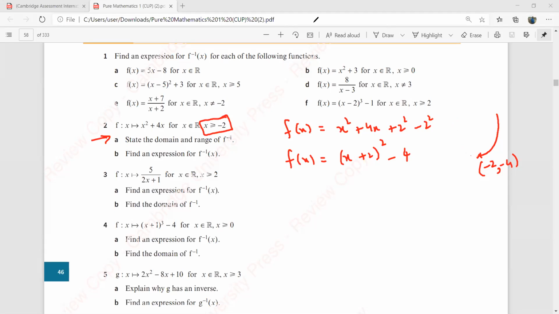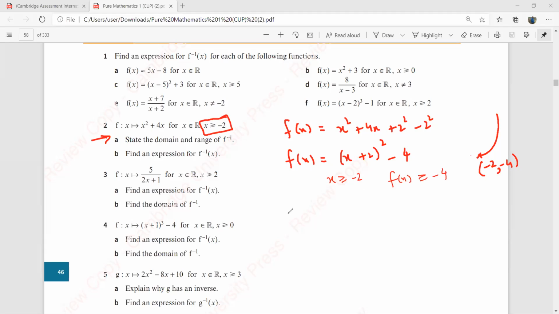Now going back to this. It says state the domain and range of f inverse. So right now with this domain, which is x is greater than or equal to -2, our range is f of x is greater than or equal to -4. You are with me, guys? Yes, sir.